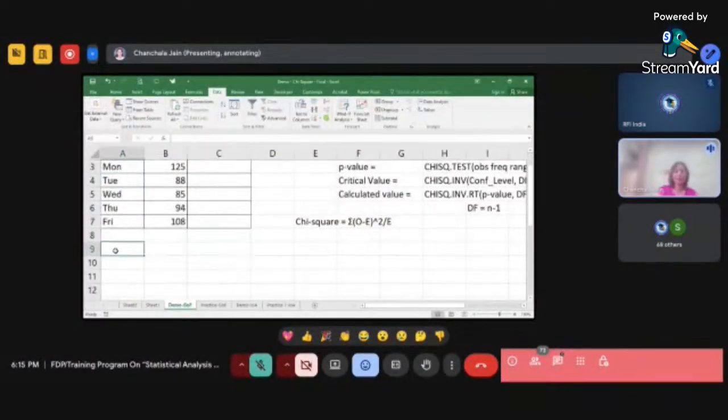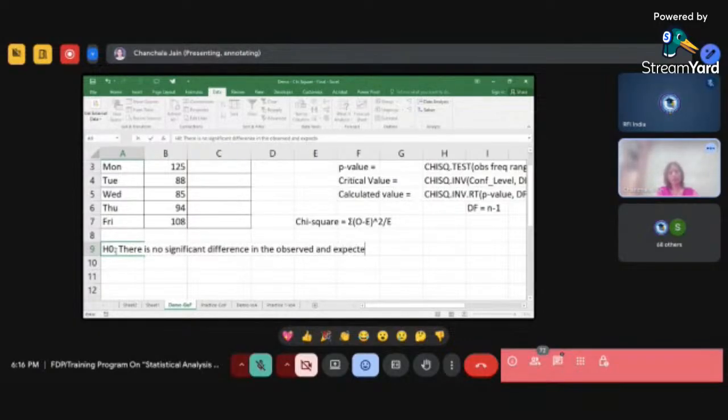Before performing it, firstly I will write my null hypothesis, which says there is no significant difference in the observed and expected absenteeism count, right?